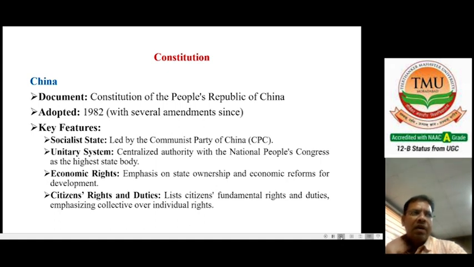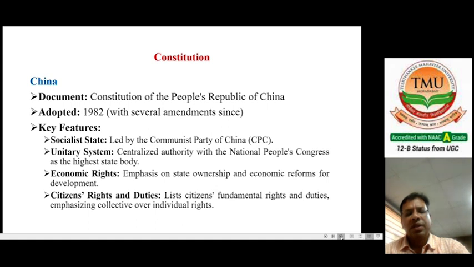There is no division of powers. And the third important feature, economic rights, with emphasis on state ownership and economic reform for development. Citizens' rights and duties, listing citizens' fundamental rights and duties, emphasizing the collective over individual rights. These are the important key features of the constitution of China.